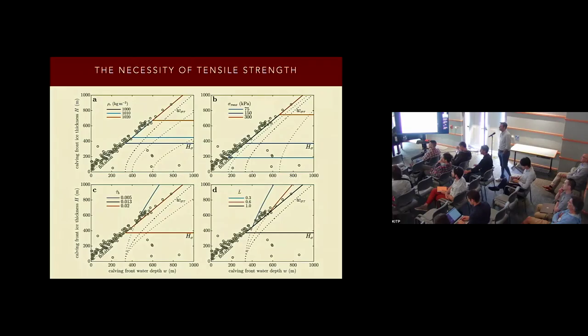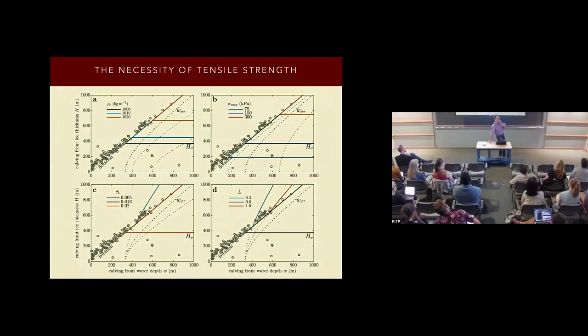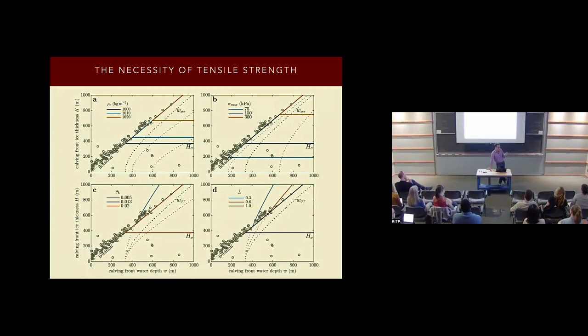Right, yeah. Well, the short answer is that this gives us a very simple relationship that is just one step more complicated than, I'm not going to flip around now, but it's still an analytic solution of the crevasse depths, and so the idea is that you could just put it trivially into ice sheet models.